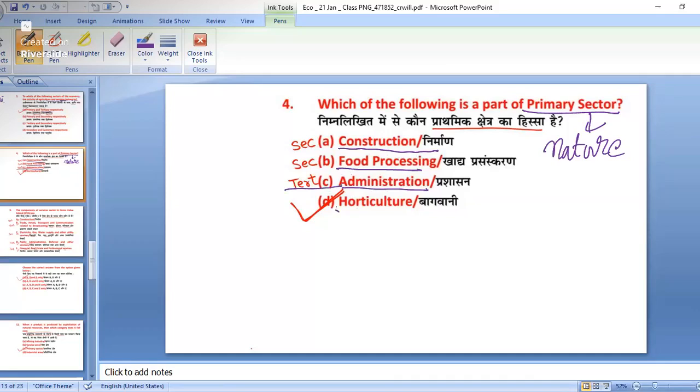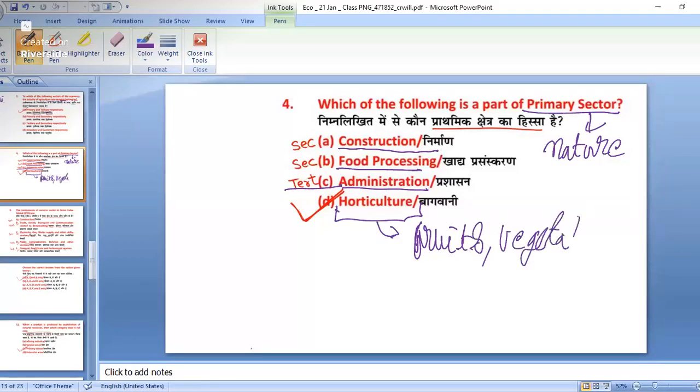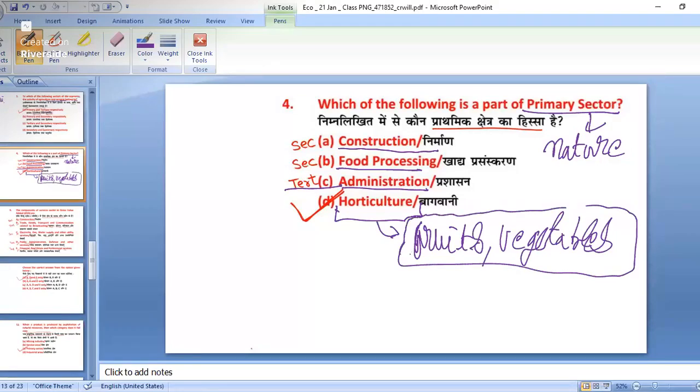Horticulture means growing fruits and vegetables. Someone involved in this activity is known as a horticulturist. So horticulture comes under the primary sector.